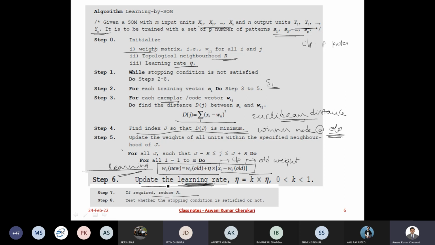But look at the case of the self-organizing map. Depending on your learning, you adjust your learning rate, and if you want, you can reduce the radius. Then you check whether the stopping condition is met. If so, stop. Otherwise, you continue till the network converges to form the clusters. So this is how the self-organizing map works.